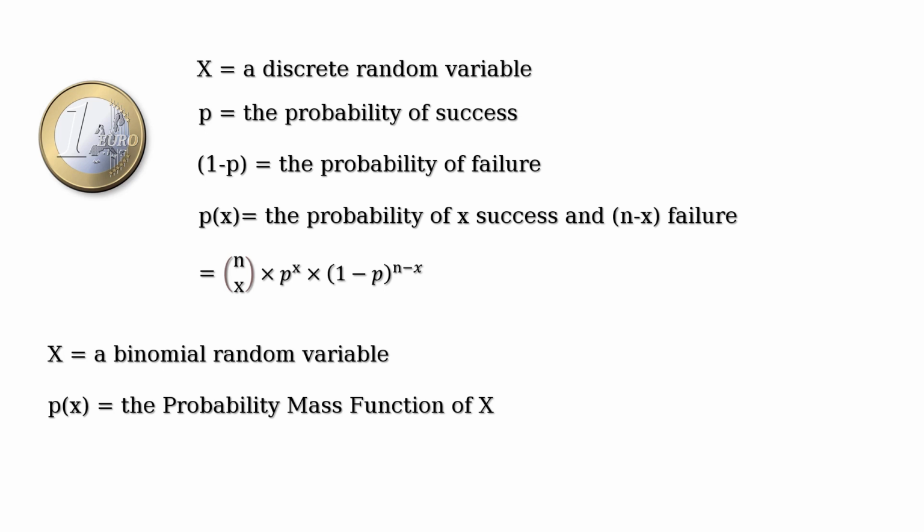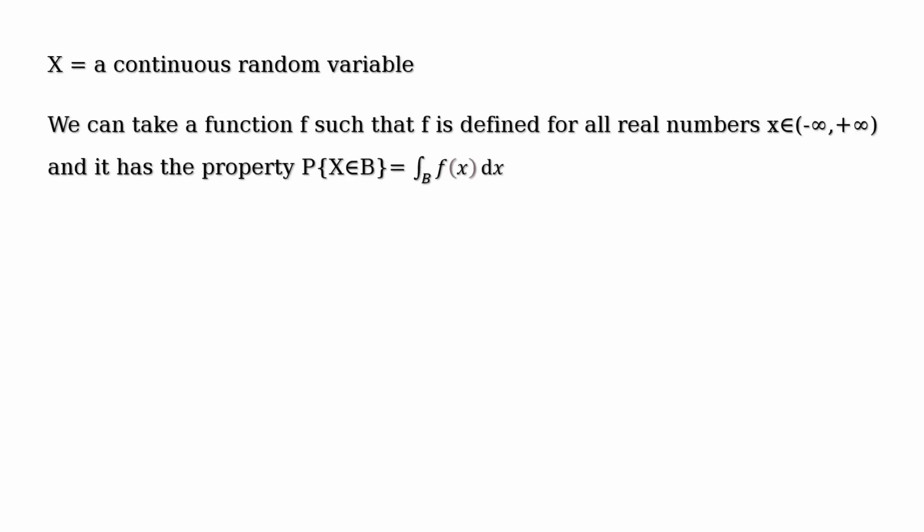In the above example, X is a discrete random variable. If X is a continuous random variable, then we can take a function f such that f is defined for all real numbers x belonging to minus infinity to plus infinity, and it has the property probability X belongs to B is equal to the integration of fx dx.